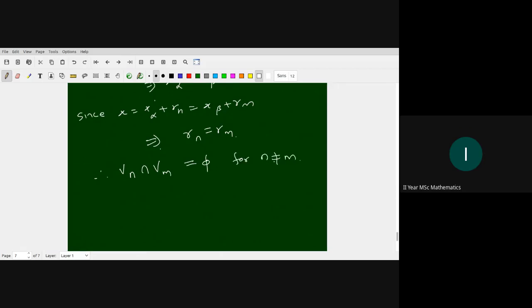When you choose two different natural number indices, the corresponding Vn and Vm are disjoint.